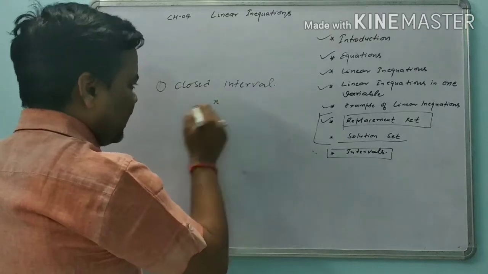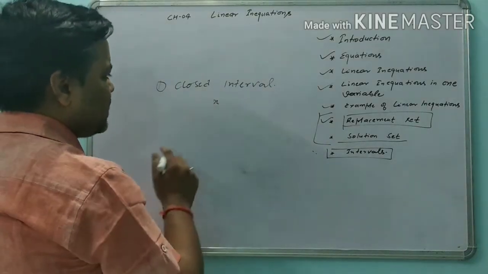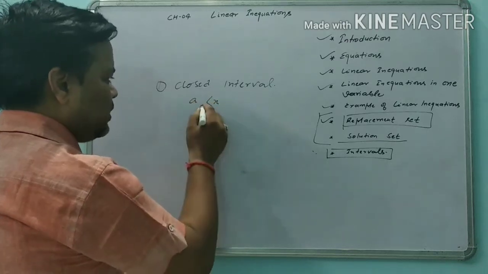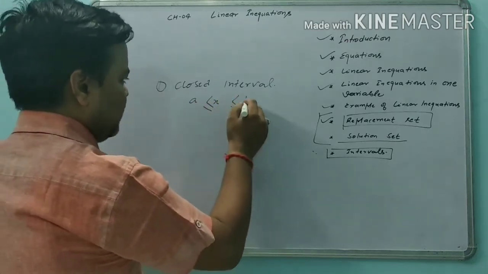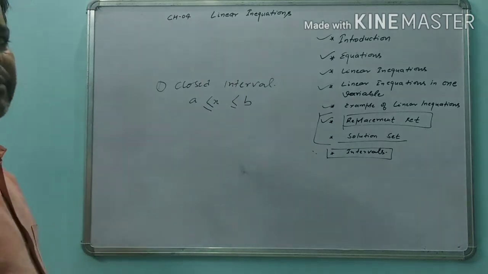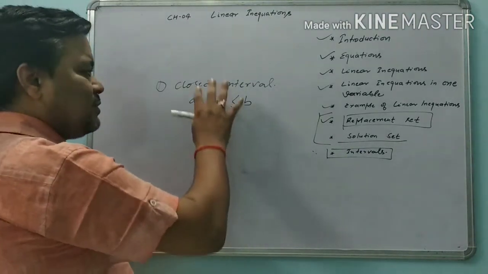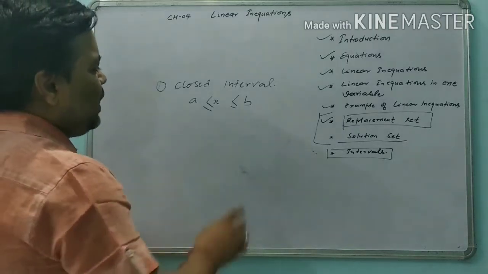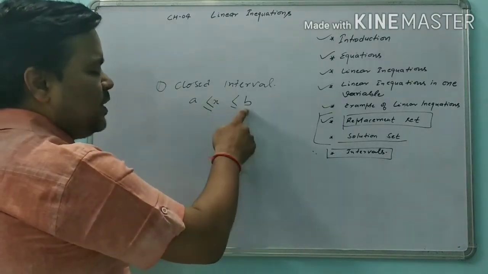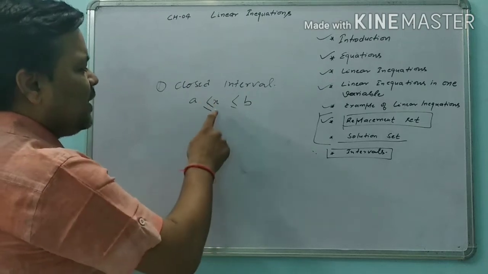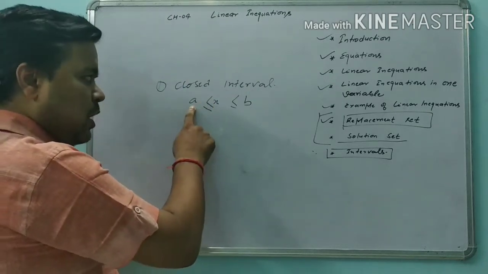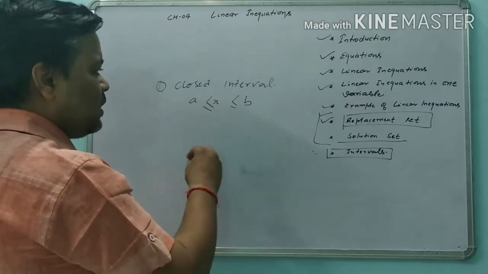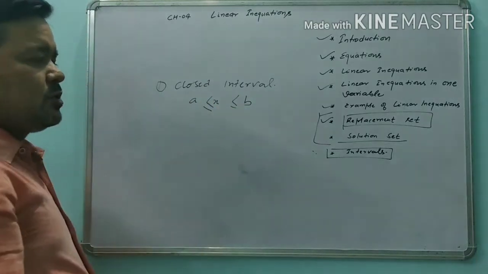If the value of x, after solving the given question, varies from a to b, it means we can take the value of x as a also and b also, and all the real numbers from a to b according to the situation of the question.